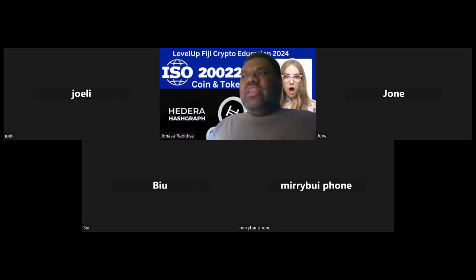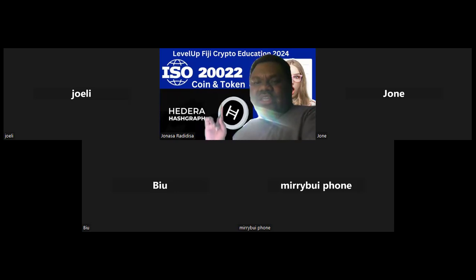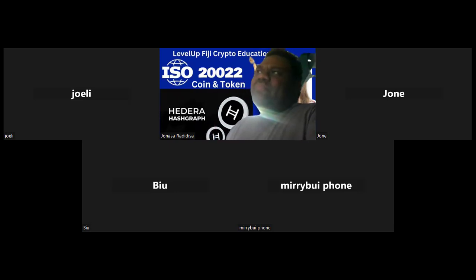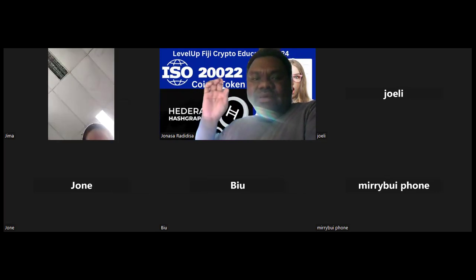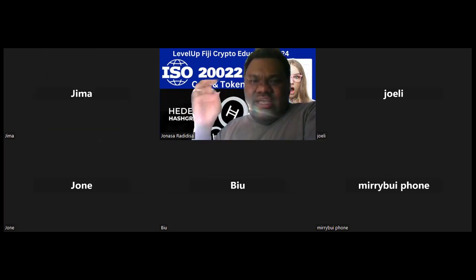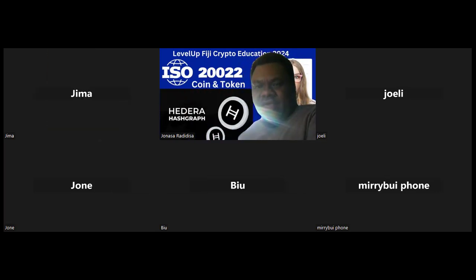Whenever you're sending a transaction, you need an identifier. If you made a transaction, you will see there is something called a hash. A hash is the identifier. So that's where Hedera Hashgraph comes in.